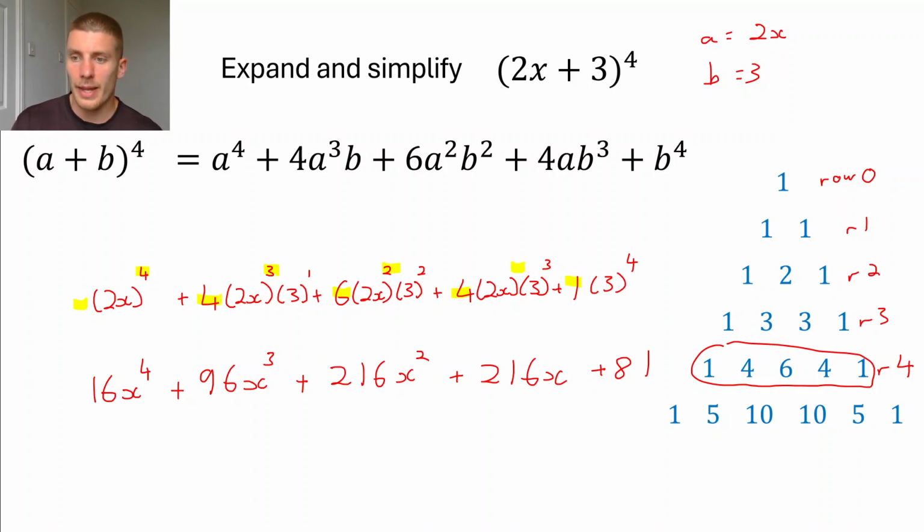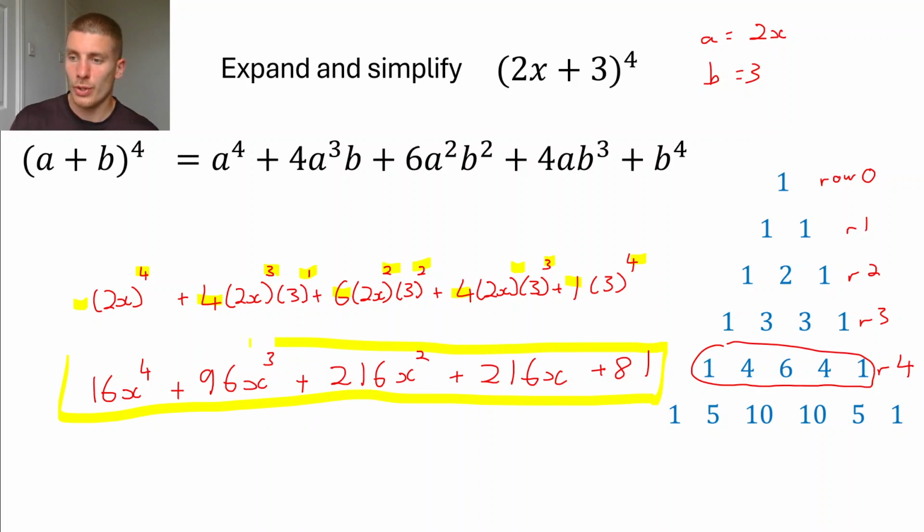And then the power of B, which in this case was 3, increases. So it was 0, and then 1, and then 2, and then 3, and then 4. And the powers always add up to give you the 4 in the question. And that's it. Okay, so this down here is your answer to the question.